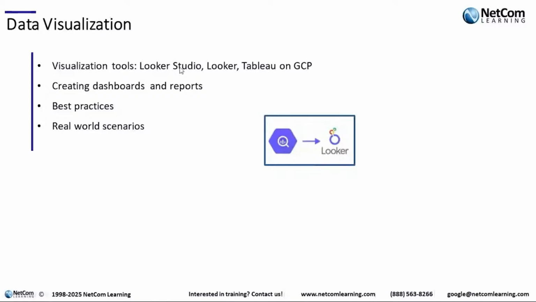Followed by this, Looker Studio also allows us to perform real-time data insights. It can seamlessly connect to real-time data sources, which allows the stakeholders to monitor metrics without manual updates.